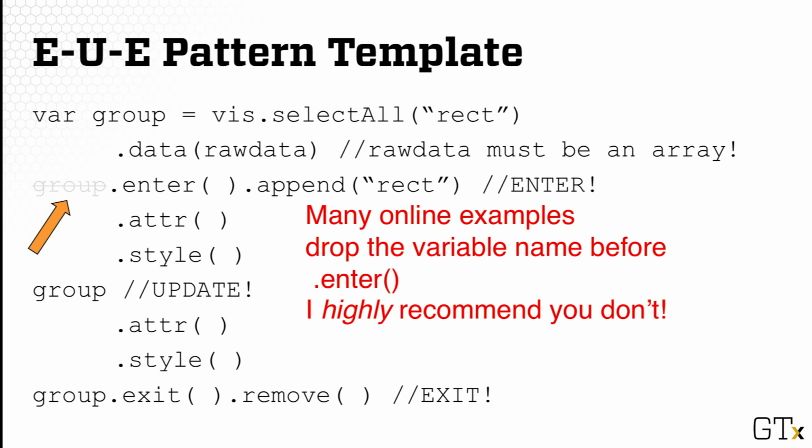And this is particularly important when your data changes, as you will see in later videos, where knowing very precisely when data are added, manipulated, or removed is incredibly important. And the main reason that examples can often just drop all those and have enter immediately called after .data is because those charts are static. So relatively simple, everything can just come together. But I highly recommend that you do not, just include specific commands so that you can very clearly see where the phases are.